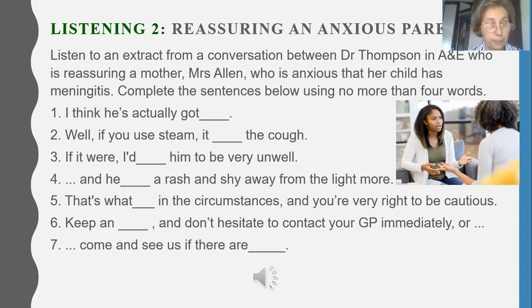That's what every mother feels in the circumstance, and you are very right to be cautious. Cautious. Yes, this is what the doctor says. And the next one, if we listen to Tala, please. Keep an eye on him and don't hesitate to contact your GP immediately. And the final sentence, let us listen to Esginur.